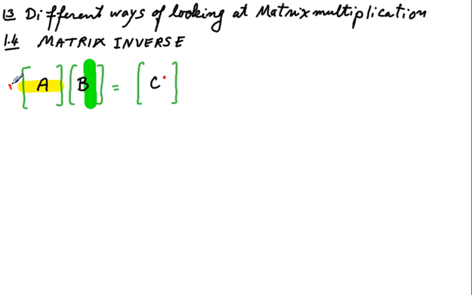So if this was on the row I and this was column J, this entry is going to be sitting at the row I and the column J. The multiplication of this yellow with the green is going to be done just like you do dot product in physics. You multiply corresponding entries and add them up.